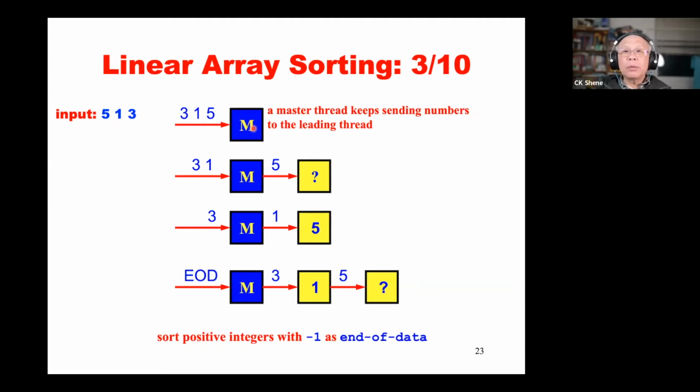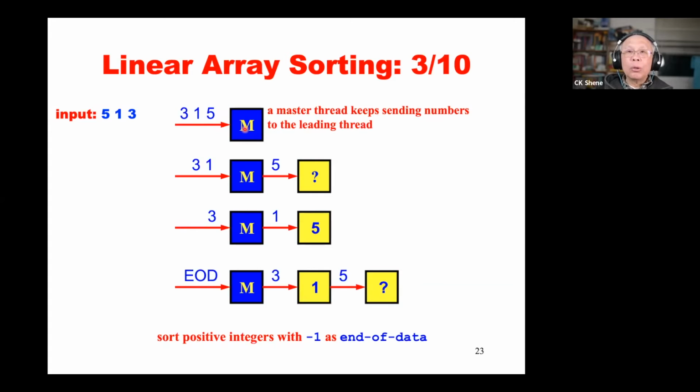This master thread just reads the input values and sends the values to the sorting thread. So the master thread never sorts. It just reads the numbers and sends them out. Therefore, the master thread would get the numbers in this order: 5, followed by the second one, and then the third one, 3. So this is the initial situation.